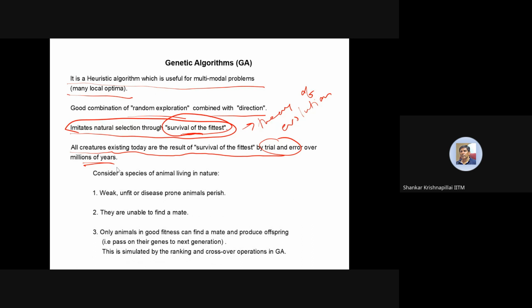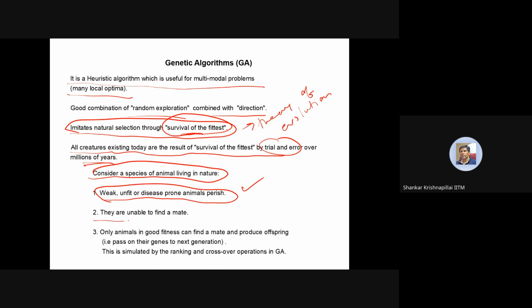Consider a species of animals living in nature, not human beings, but wild animals. Weak, unfit, or disease-prone animals will die. Other animals will not take care of a sick animal. Maybe human beings will do that, but in the wild, animals will not. The sick animals will go somewhere and die.